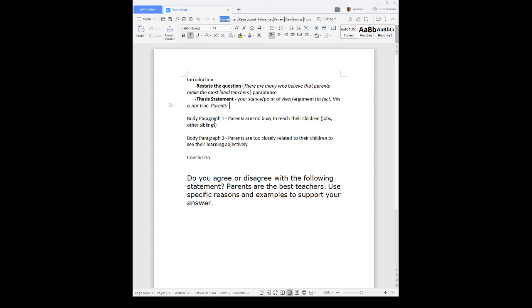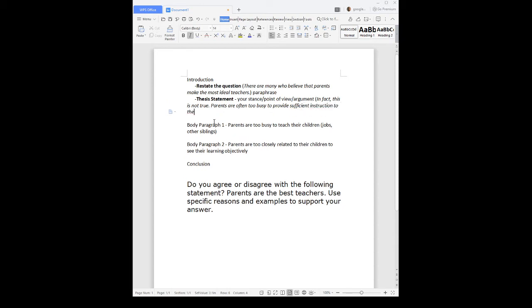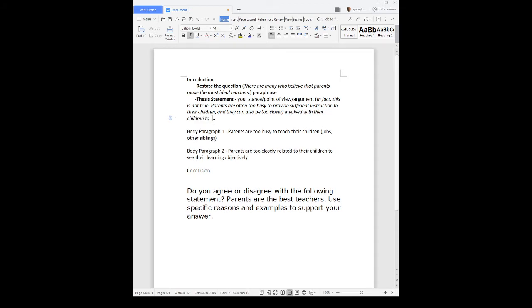Parents are often too busy to provide sufficient instruction to their children, and they can also be too closely involved with their children to see their learning objectively.